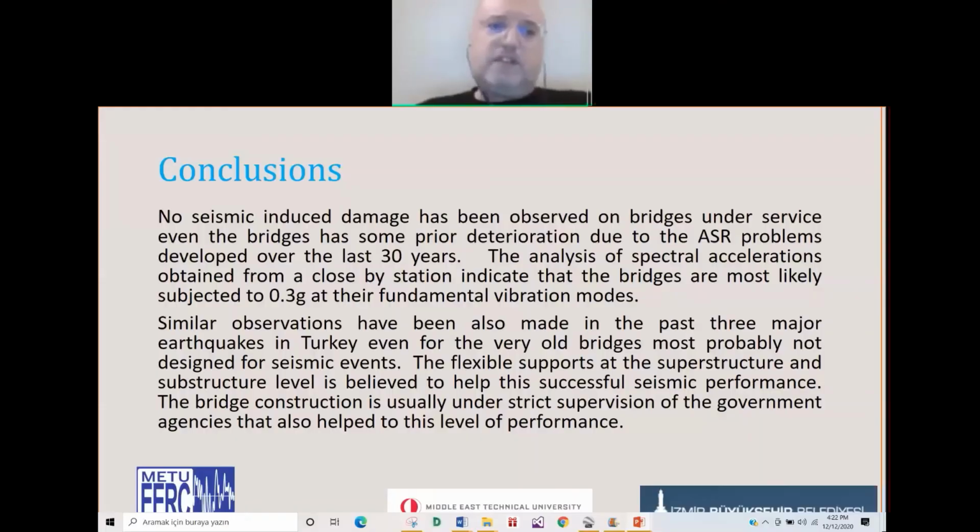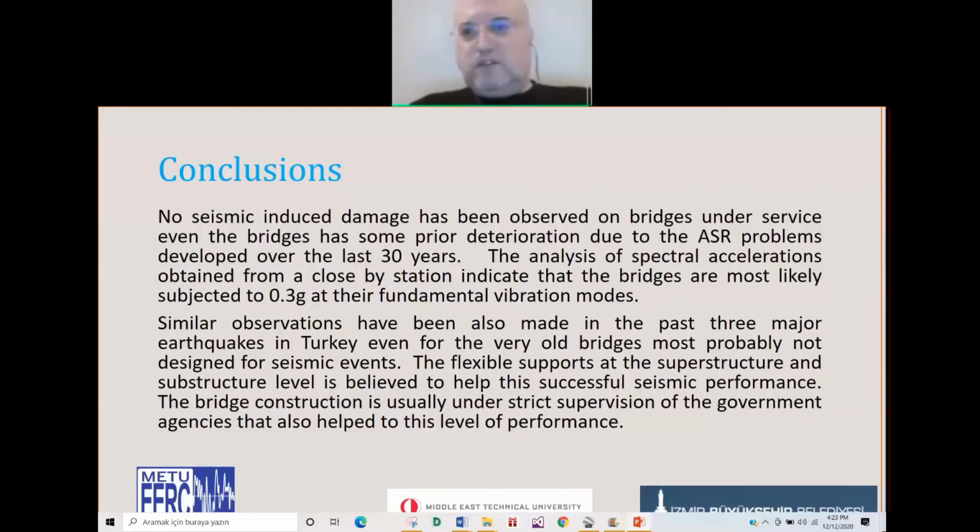From what I understand of the vibration modes, these bridges have probably been subject to something like 0.3 G, but I know from some cross-sectional checks that the bridges have more capacity than this. We have also observed similar responses in the last 3 major earthquakes in Turkey.